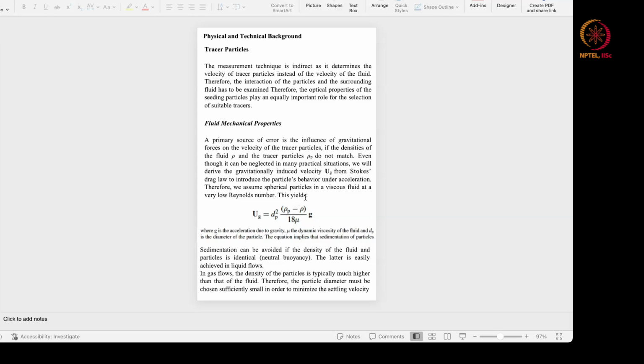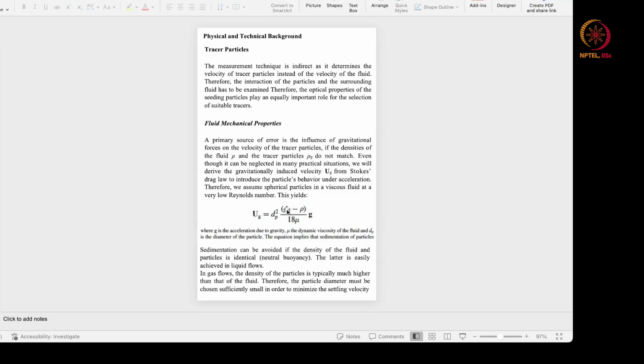Let's assume there are spherical particles in a viscous fluid at a very low Reynolds number. g is the acceleration due to gravity, mu is the dynamic viscosity of the fluid, dp is the diameter of the particle, and the equation implies a sedimentation tendency, where ug is the gravitationally induced velocity. This sedimentation can be avoided if the density of the fluid and the particles is identical.